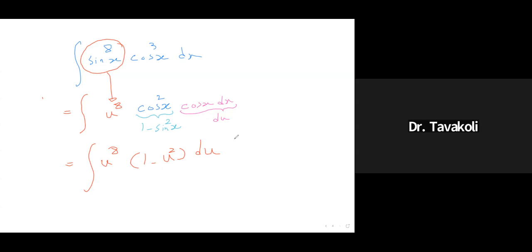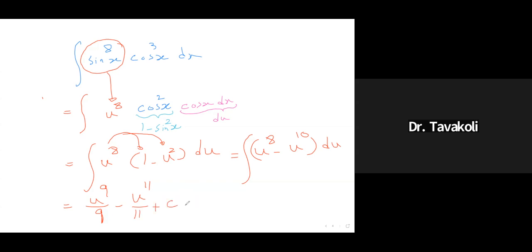Now this integral becomes a very simple integral of polynomials, right? First, I distribute u to the 8 over the parentheses: u to the 8 minus u to the 10 du. The rest is quite simple, right? Antiderivative of u to the 8 is u to the 9 over 9. Antiderivative of u to the 10 is u to the 11 over 11 plus c.